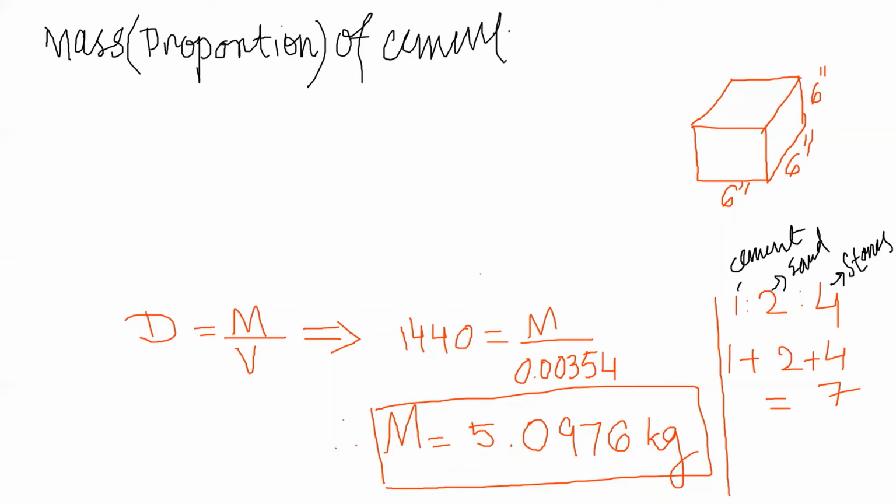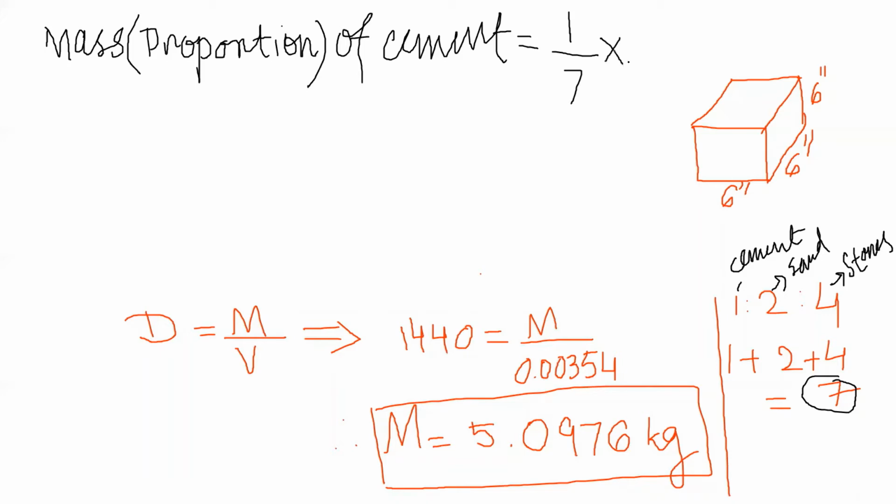So what we have to do here: one part is the cement and the total is 7. I have already calculated that, 1 plus 2 plus 4, because we are using the ratio of 1:2:4.